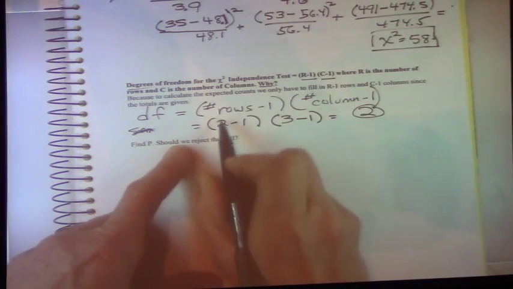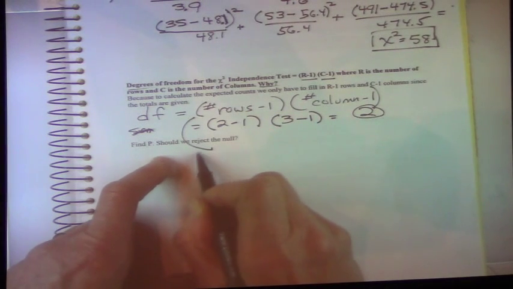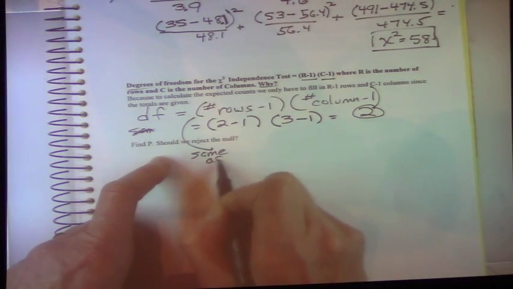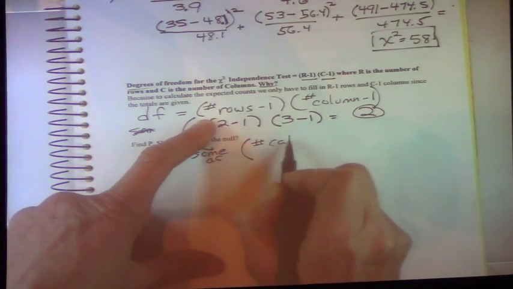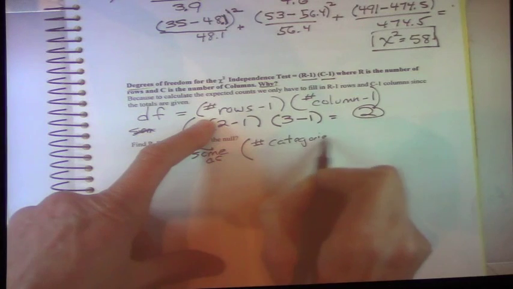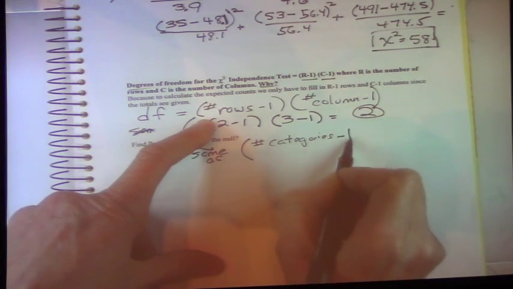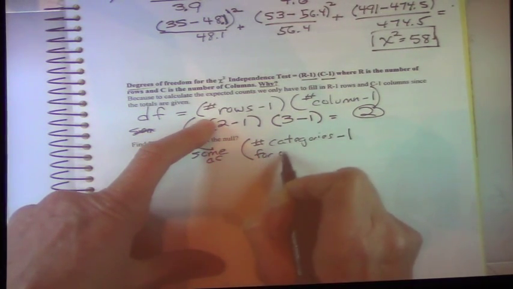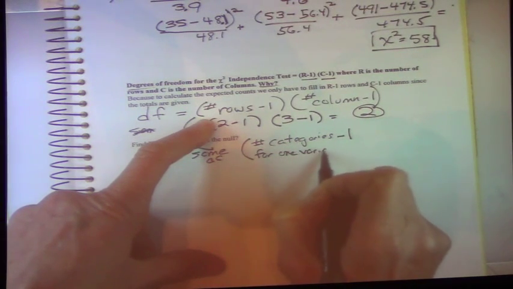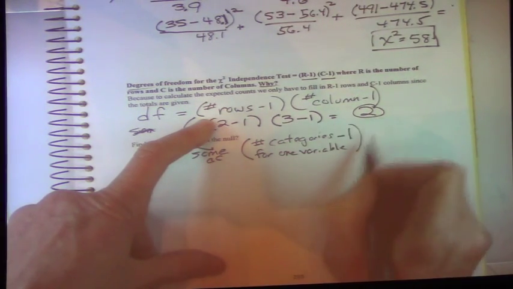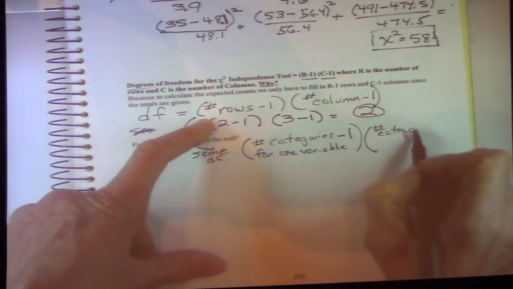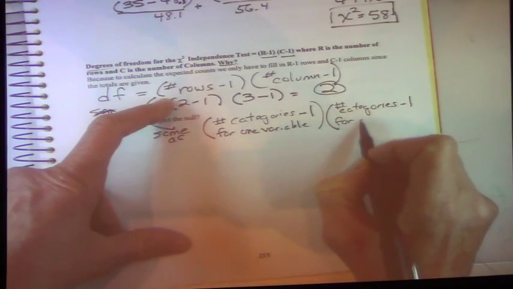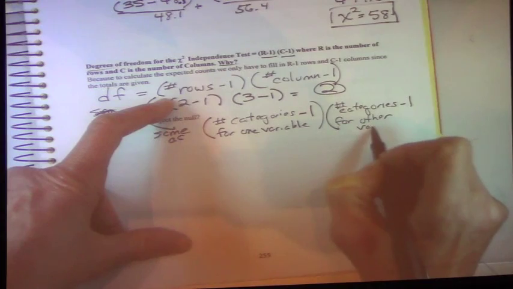Okay, so this is the same as, just to not get confused, the number of categories minus 1 for one variable, doesn't matter which one, for the row or the column variable, times the number of categories minus 1 for the other variable. That's all we're doing here.